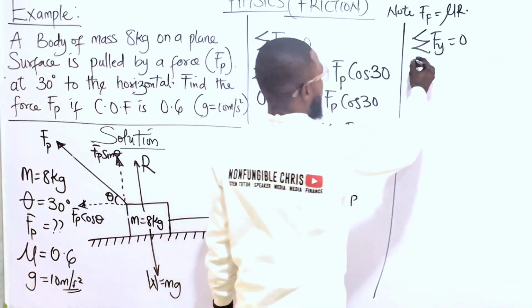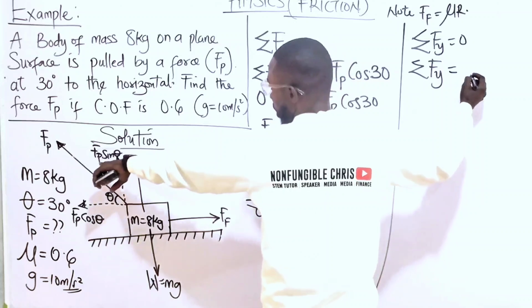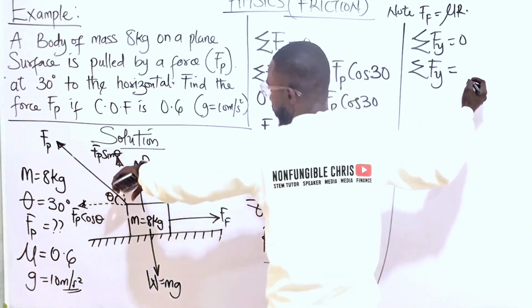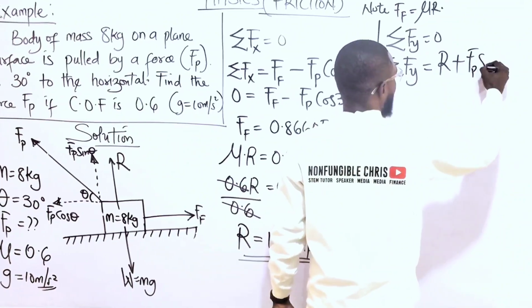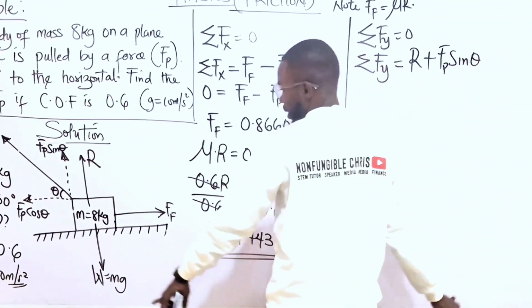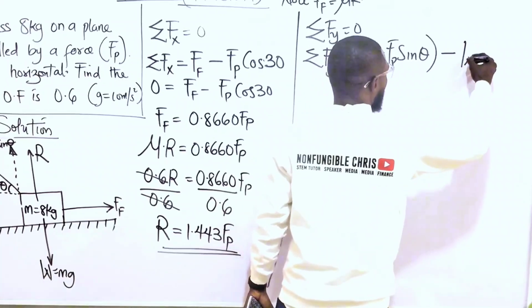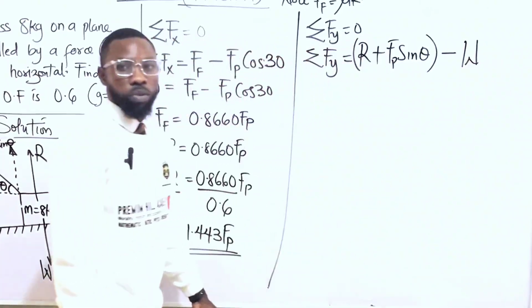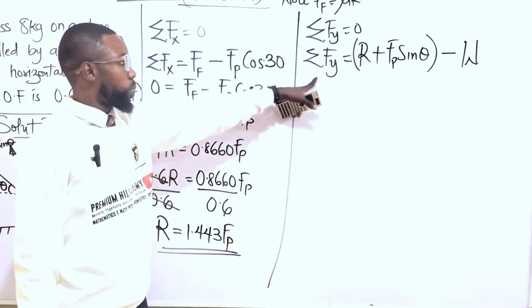So with that, the sum of F in y is going to be everything up there: R plus Fp sin theta, minus W. All of this minus W. Very simple, right? And we know that the sum of F in y is 0, so we can put 0 here.